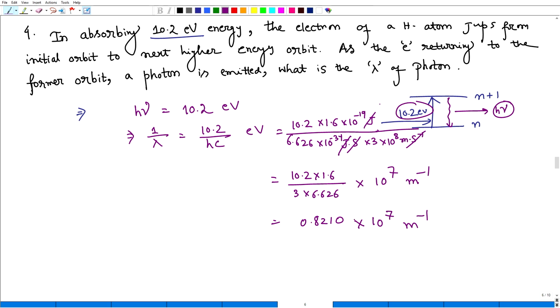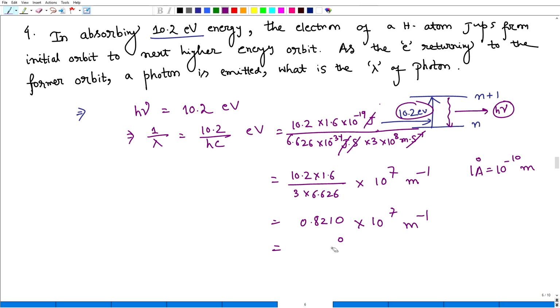Now we have to change the unit. 1 Angstrom is 10 to the power minus 10 meter, right? So it's 10 to the power 7. So it will be 8210 Angstrom, if I'm not wrong.